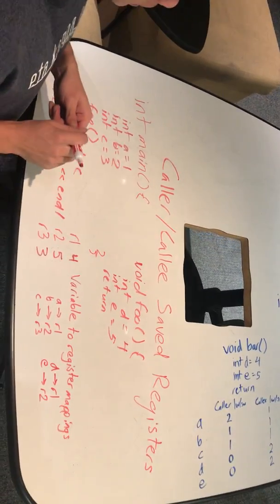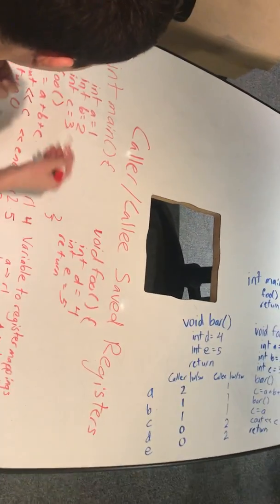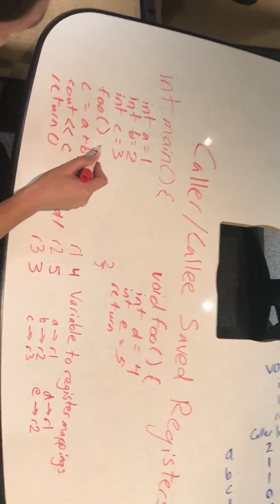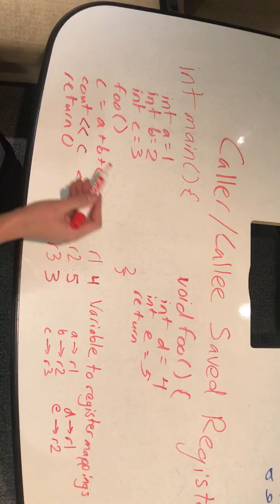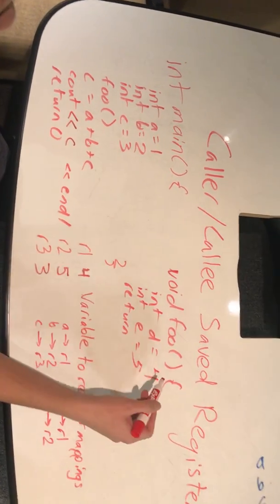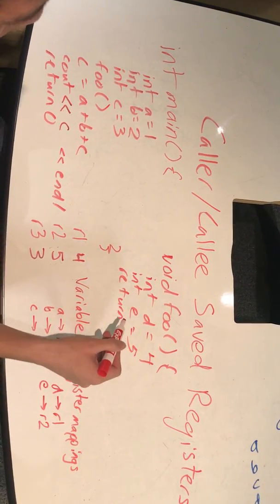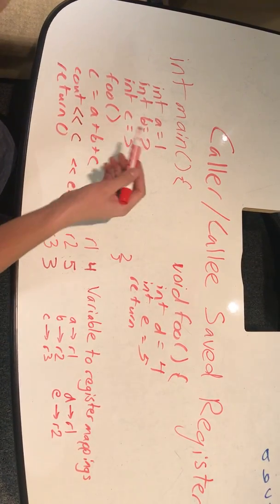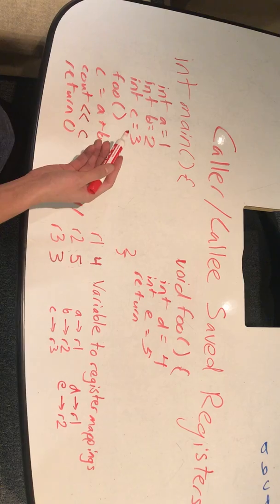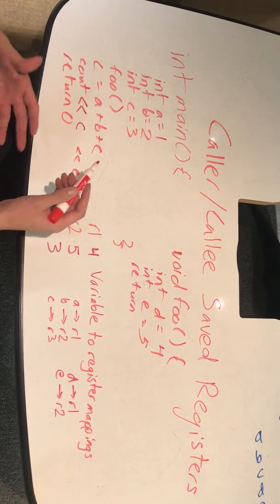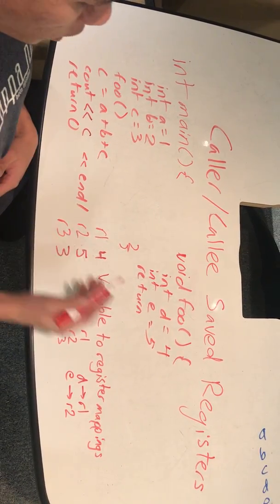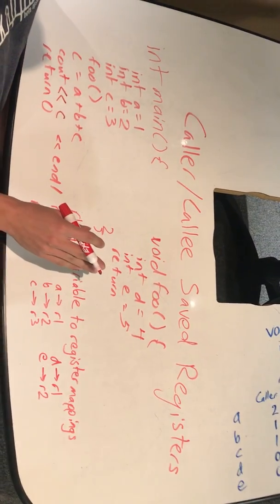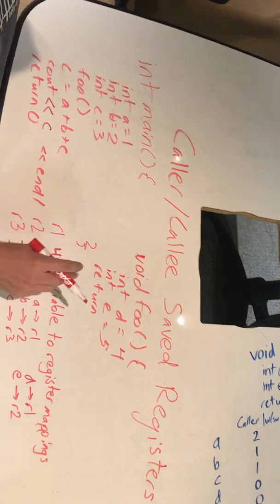As for callee saved, the thing being called, in this case foo, is responsible for maintaining the state of the registers when it's called versus when it returns. So essentially foo would assume that main needs the state of all its registers preserved. Anything that foo is going to modify, it must first save and then restore at the end.